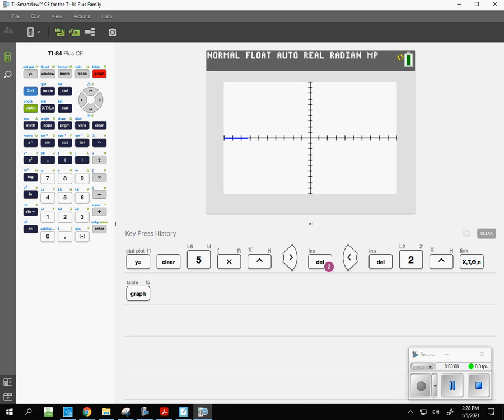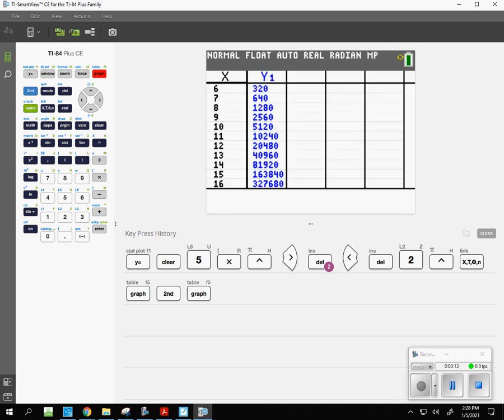So there's my curve. And I want to know if it hits the 2 points that it's supposed to. It's supposed to hit (1, 10) and (3, 40). So let's go to my table here and look for (1, 10) and (3, 40). And sure enough, it hits both of those.